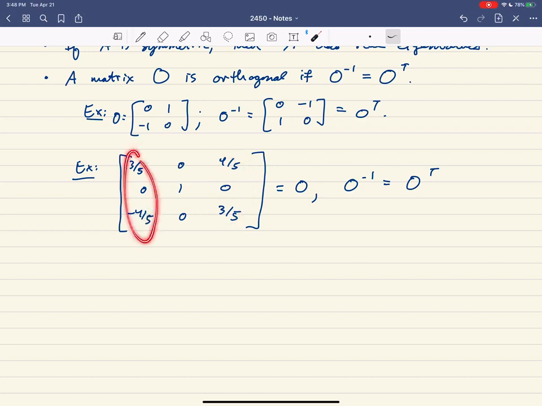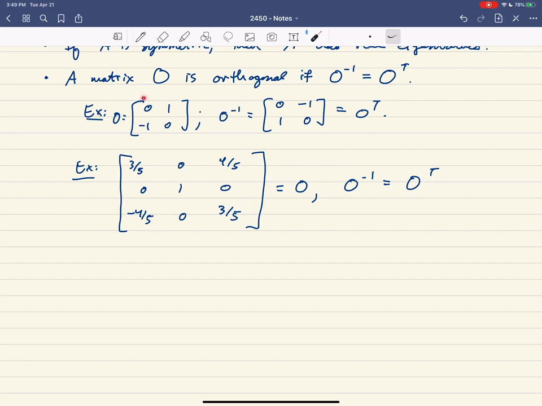Also, these columns are orthonormal, so not only are they orthogonal, but they also have length 1. If you have 3/5 squared plus negative 4/5 squared, you end up with 25 over 25, and when you take the square root, you get 1.